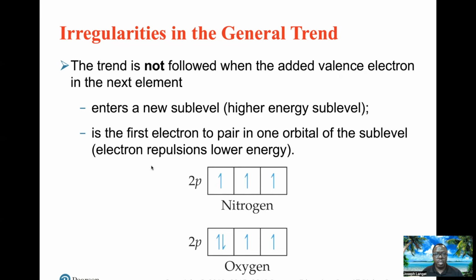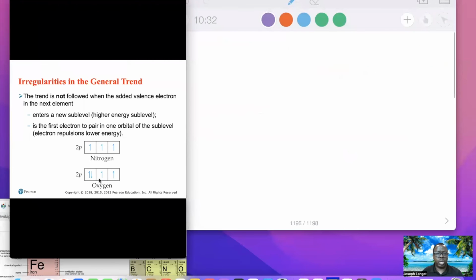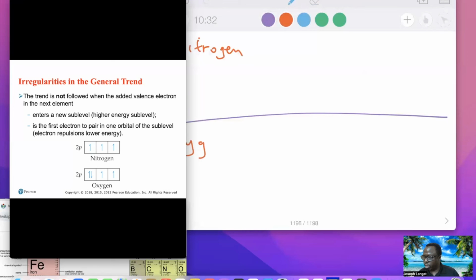Let's say here, you need to understand what this means. It's going to be abstract unless you know what is going on with these elements right here, nitrogen and oxygen. These are just the valence shell electron configurations. So if we have here, let's say, let's start with nitrogen, it doesn't really matter which one, nitrogen, and then here is oxygen.